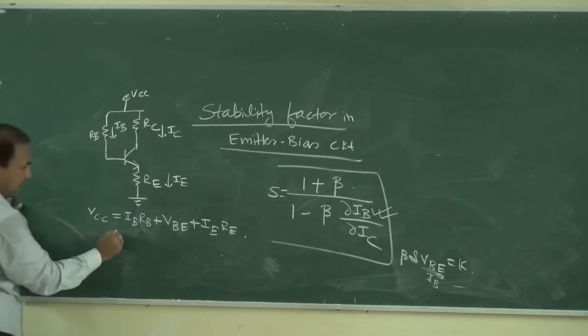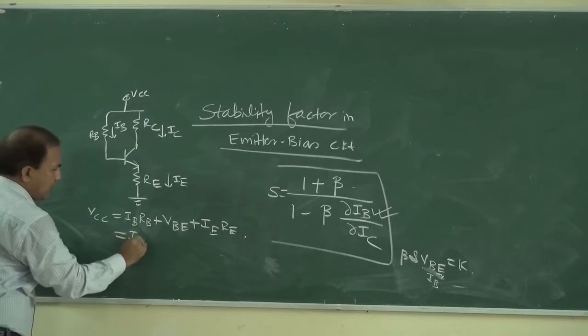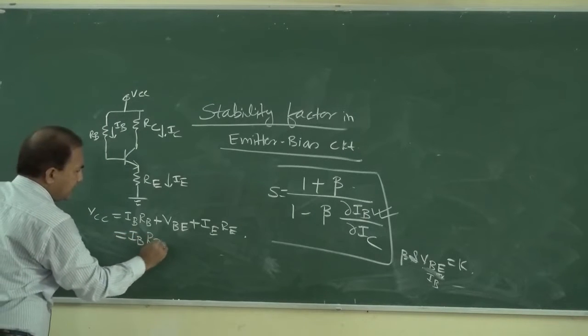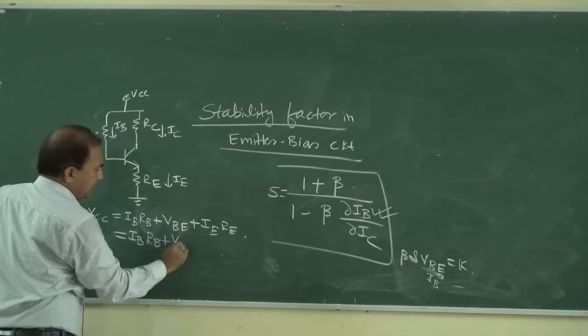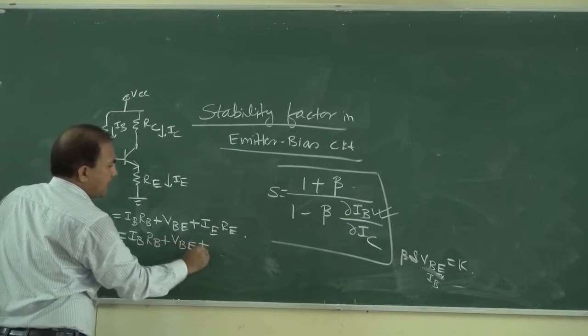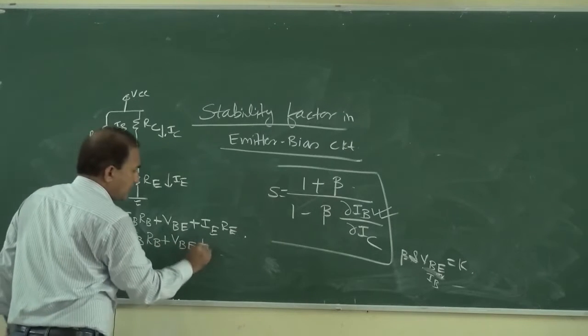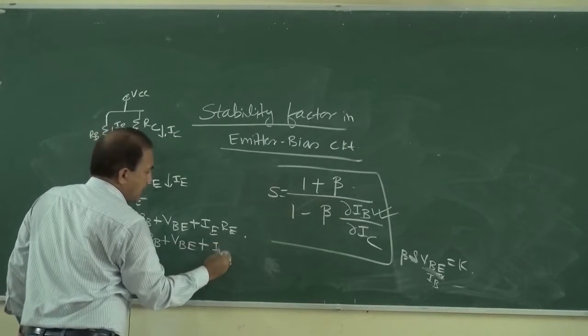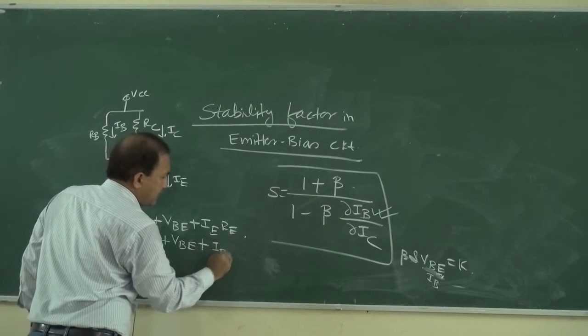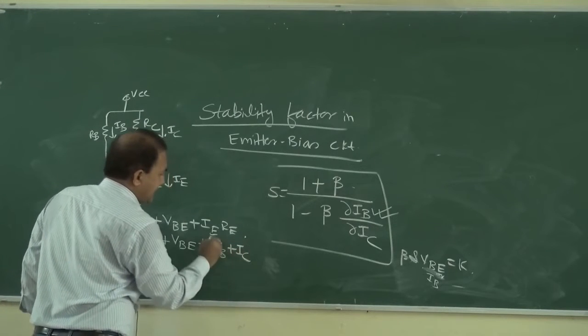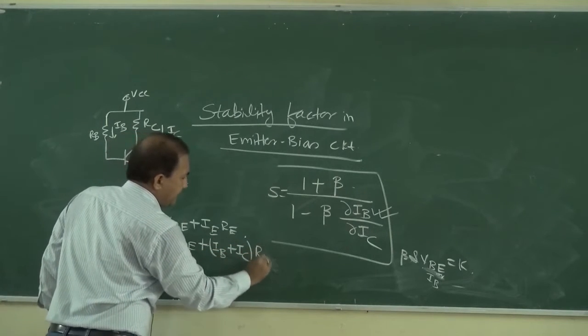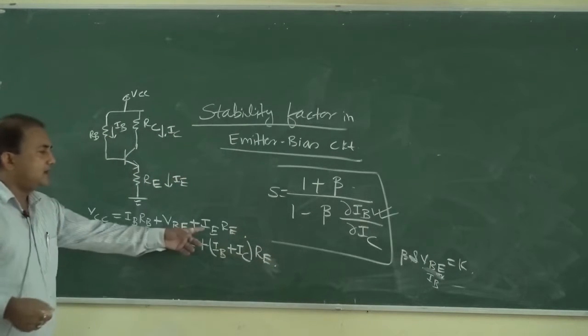So it is equal to IB RB plus VBE plus IE, which is IB plus IC, multiplied with RE.